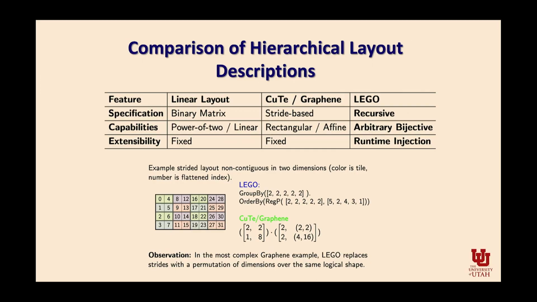In Lego, you describe it as a permutation of the dimension. There are 2 by 2 by 2. I'm sorry, there are 2 element tiles, and we've just permuted the order of the dimension.